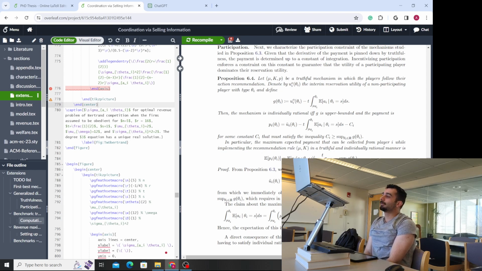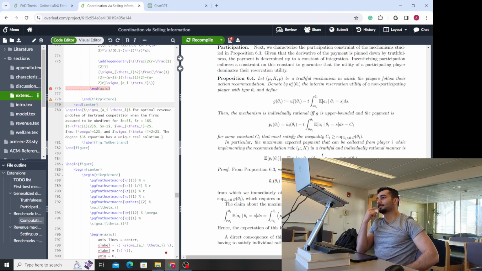The claim about the maximum collectible expected payment easily follows from the expectation of this integral. Okay, what is it from? So okay.